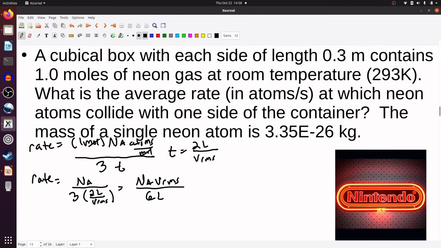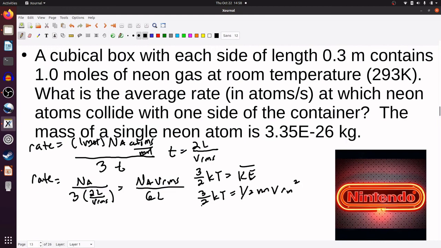Now we're kind of at a stopping point. We do know the length of the container, but we don't know the root mean squared velocity of our particles. But we do know one thing. We do know from the proof I did earlier that 3/2 kT is equal to the average kinetic energy. And in that case, or rather a root mean squared average kinetic energy, we know that this is going to be 1/2 m v_rms squared.